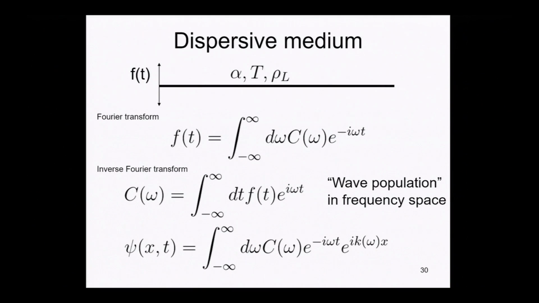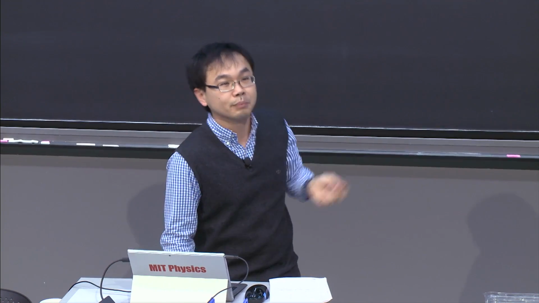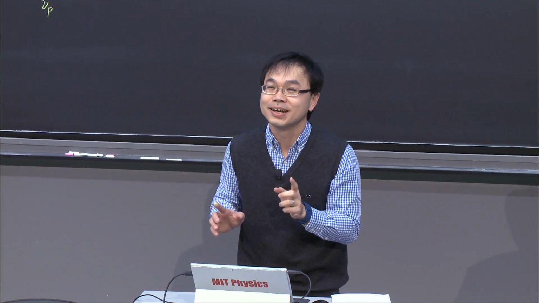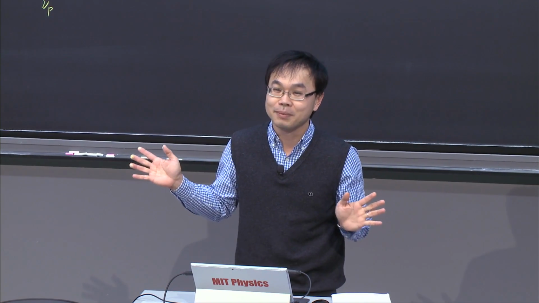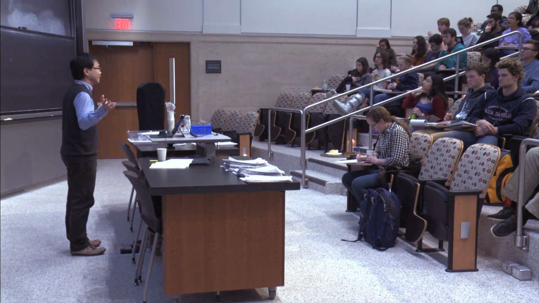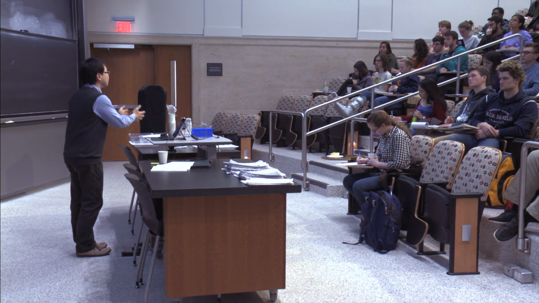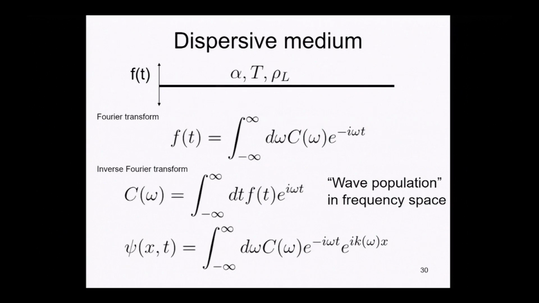What we know is that for this oscillation, I can do whatever I want, but any kind of f function can be described as a superposition of many waves with different angular frequency. Okay, so that's a miracle which we borrow from the math department again, and you can see that the f function can be written as a sum of all kinds of different waves with different angular frequency, with population c omega.